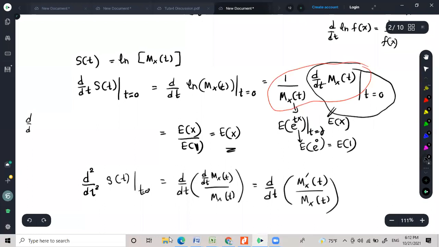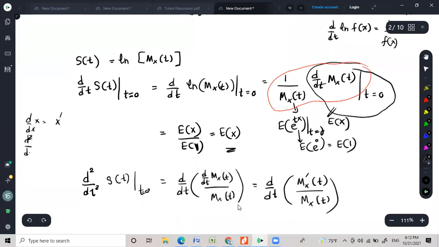So if you have d over dx, you know that you can write it like this.